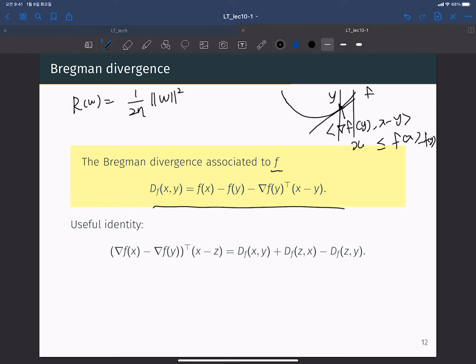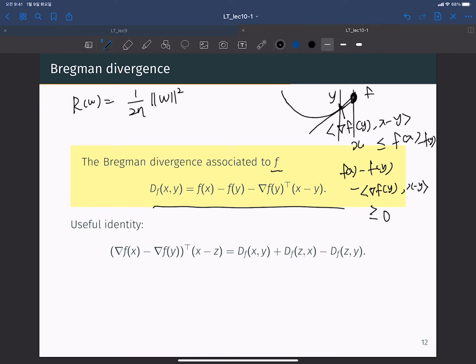Right. So, using this fact, we know that f(x) minus f(y) minus the inner product between gradient f(y) and x minus y is greater than or equal to 0. In this graph, this gap is the Bregman divergence, and it is always positive.